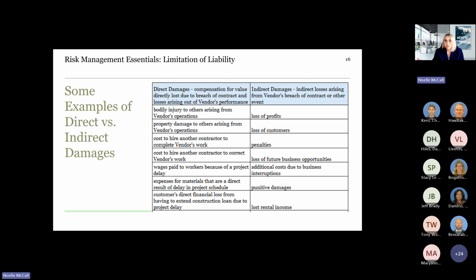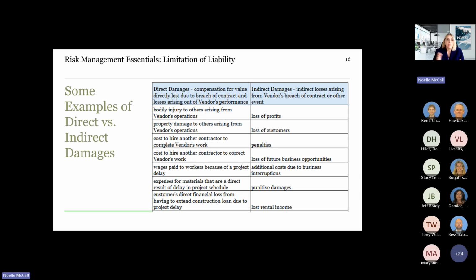On the other hand, indirect damages. These can be pretty much unlimited, by the way, because there's kind of no end to indirect damages when you think about it. These are indirect losses that arise from a vendor's breach of contract or other event.